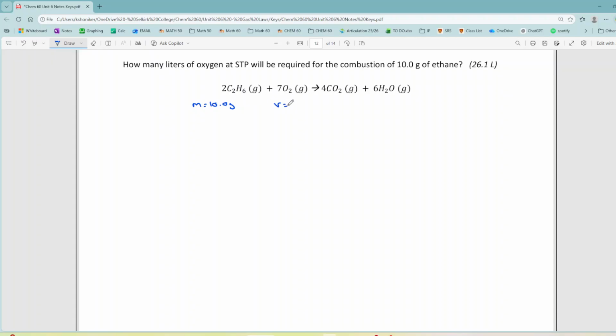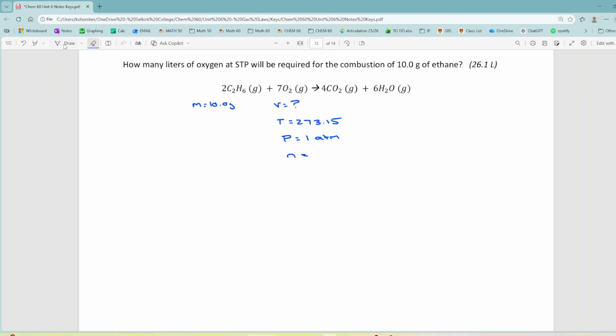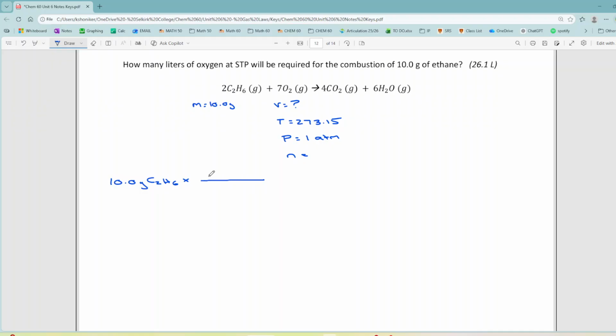It again wants me to find volume of oxygen at standard temperature and pressure. So the temperature is going to be 273.15, and my pressure is going to be that 1 atmosphere. What I'm missing is moles, but it's not going to be a question mark because I'm going to know it shortly. So we're going to start again with that 10 grams of C2H6, and we're going to find how many moles that is. So we know that 1 mole of C2H6 weighs what?